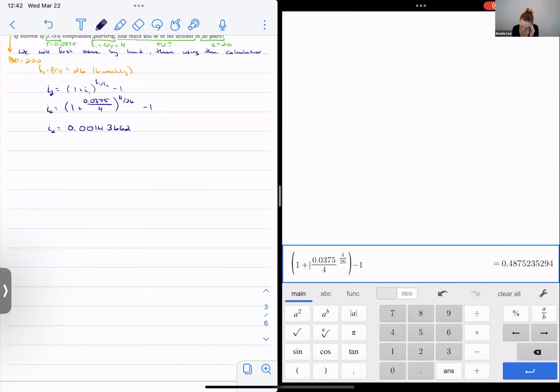This bracket should be just here. You know what? Gonna delete this end bracket. 4 over 26 minus 1. There.